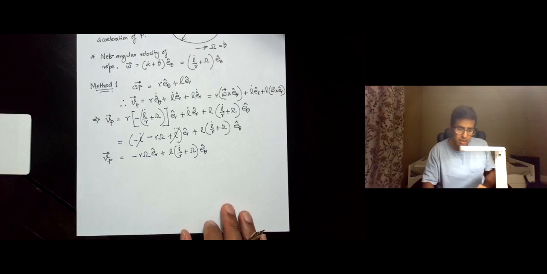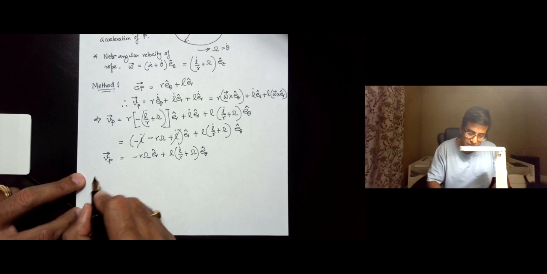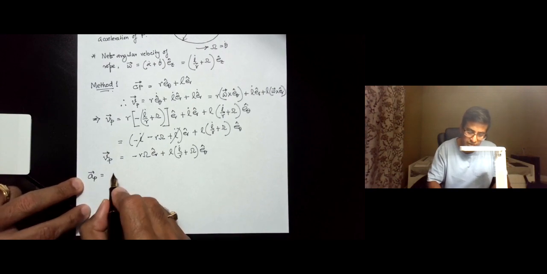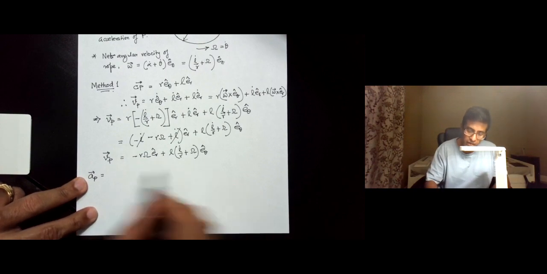So next we move on to calculating the acceleration, so Ap, and here again we are going to use direct differentiation. So we are just going to directly differentiate the velocity.